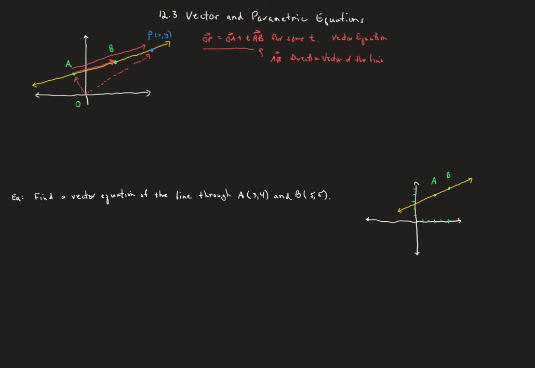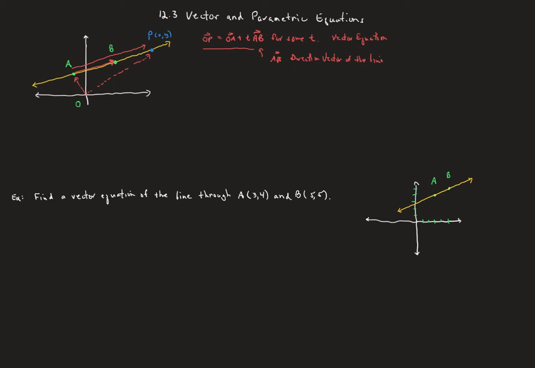And you can sort of see, hopefully, the similarity or parallel between point-slope form of a line, where you start at a point and then you go whatever the slope is to generate more points on the line. That's sort of what's happening here.